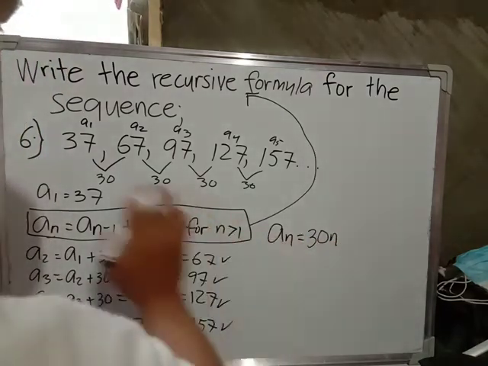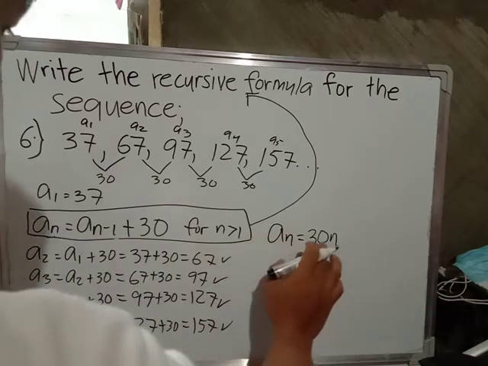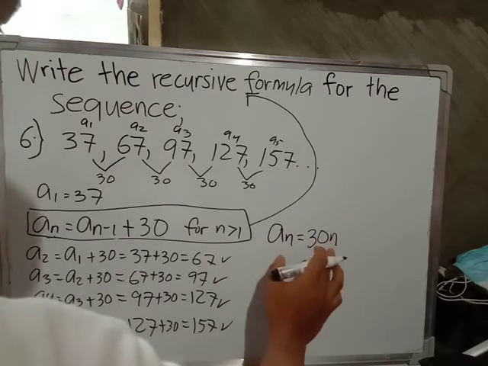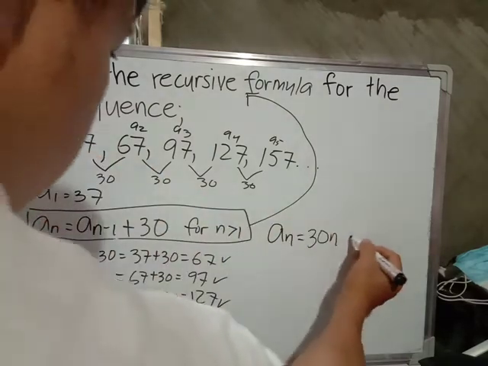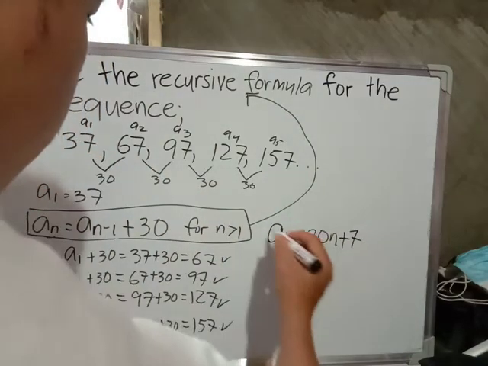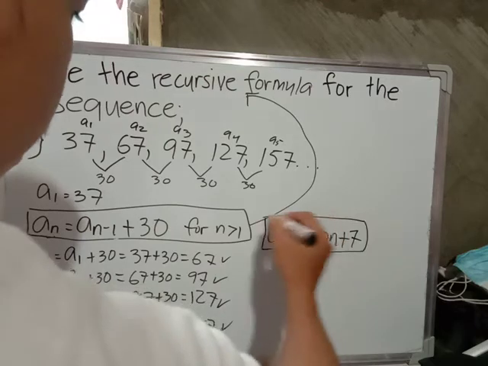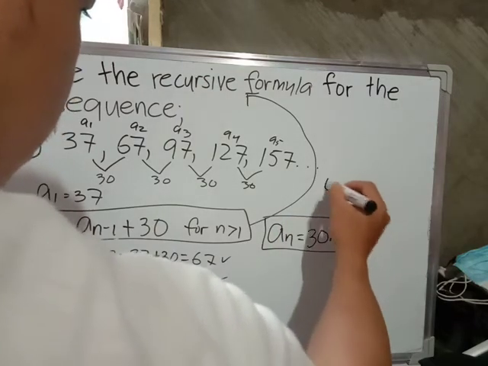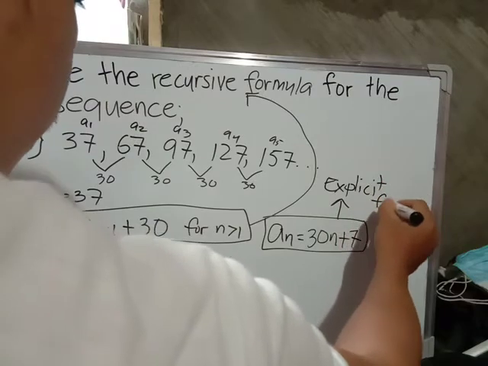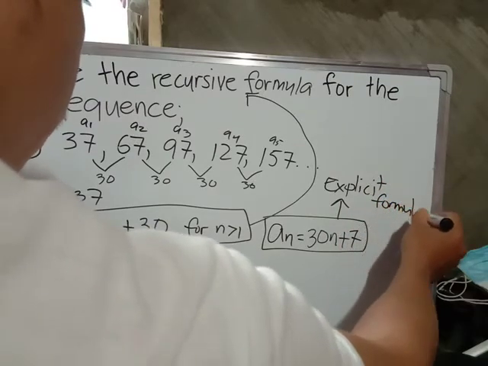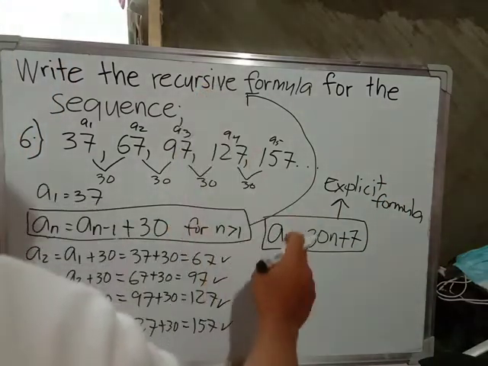So, kung 1 ang n, first term natin, 30 times 1 is 30. Ilan ang i-add natin para ma-achieve si 37? So plus 7. So, ito po ang explicit formula ng sequence na to. Ito yung recursive, ito yung explicit.